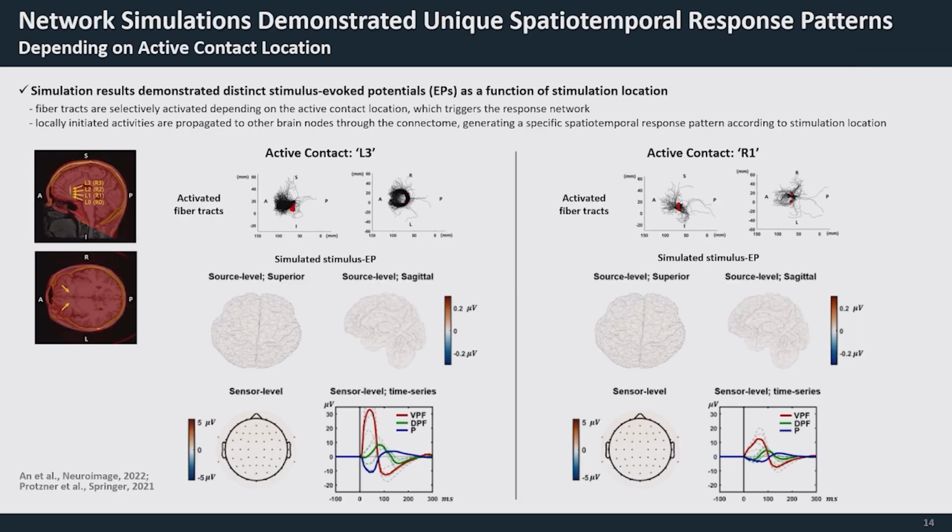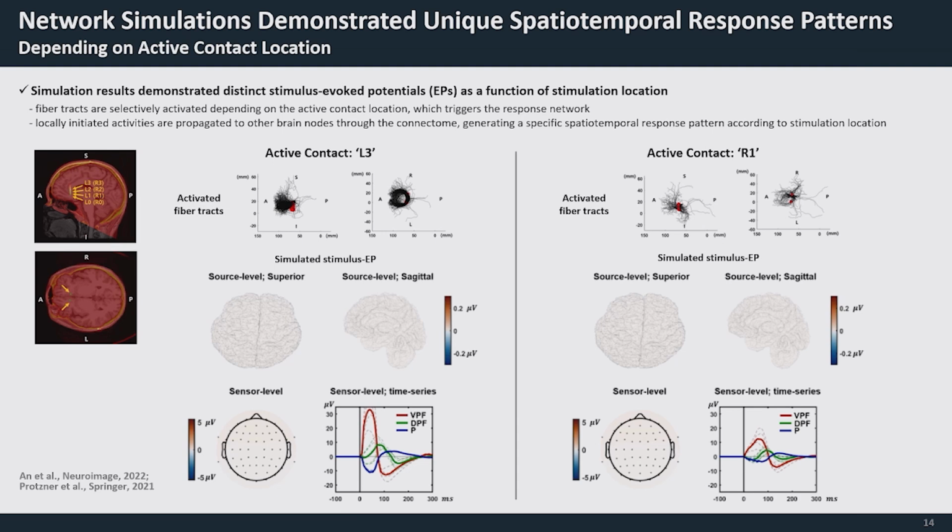So these are simulation examples in which different stimulation points, like L3 or R1, were used as the stimulation site, respectively.